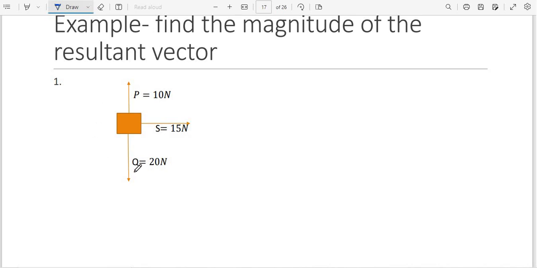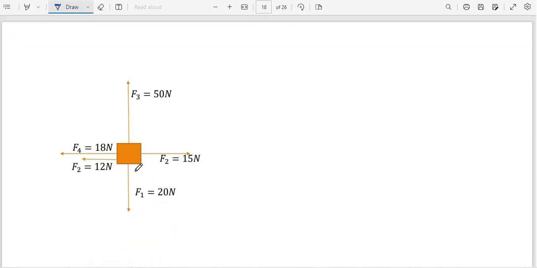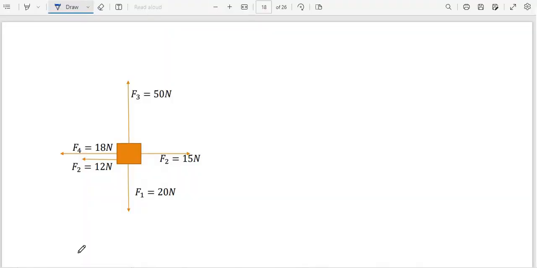So what I'm going to do is go through this example. It does not matter how many vectors you have. You just always follow the same procedure as described. So step number 1, you need to check which forces or which vectors are collinear.